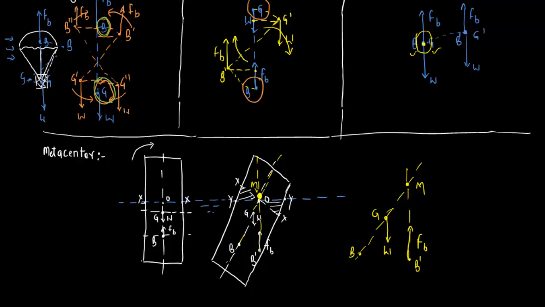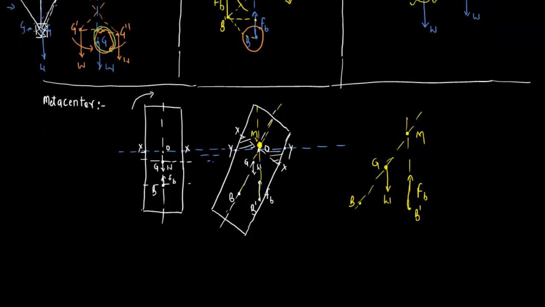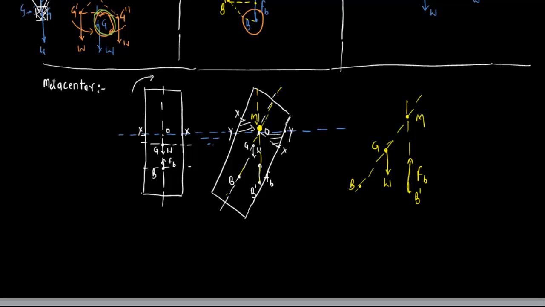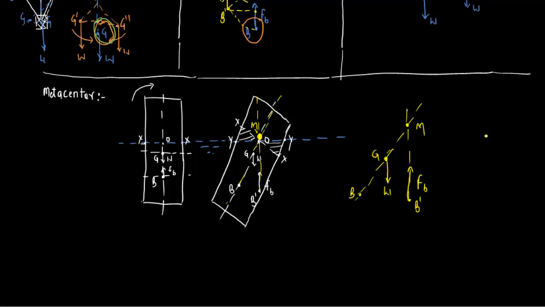The gap between the metacenter and center of gravity of the body is defined as the metacentric height. I'm simply writing: metacentric height is equal to the distance between G and M.